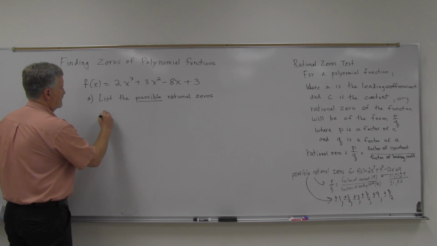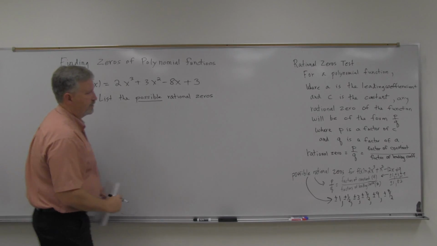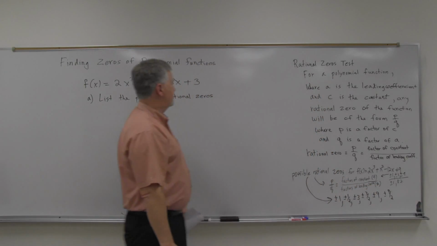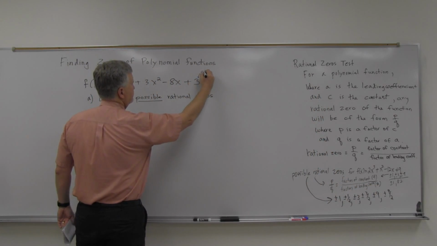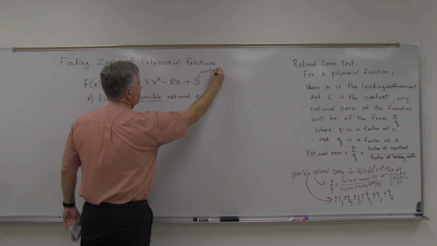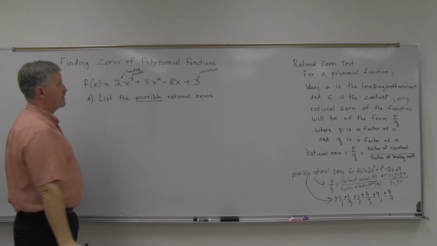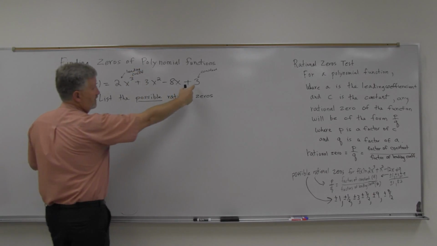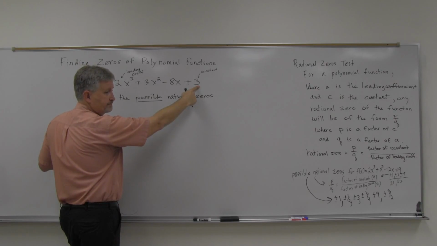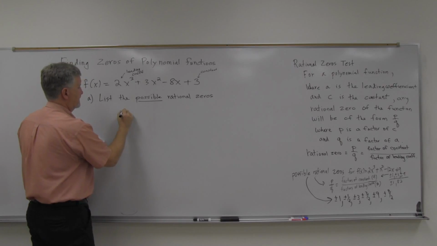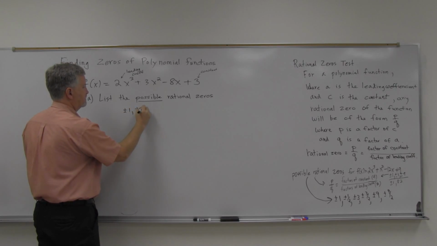So the possible rational zeros are, what do I do? I do the factors of the constant divided by the factors of the leading coefficient. Here's my constant, and here's my leading coefficient. This one's a little bit easier because the factors of the constant are just plus or minus 1, plus or minus 3.